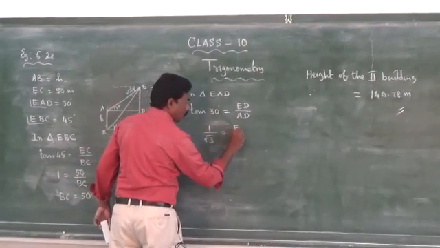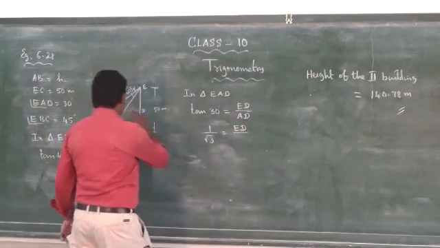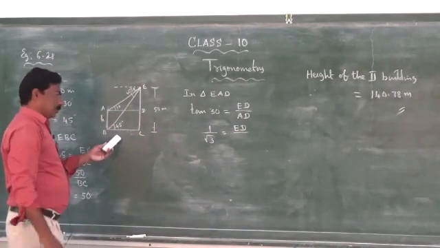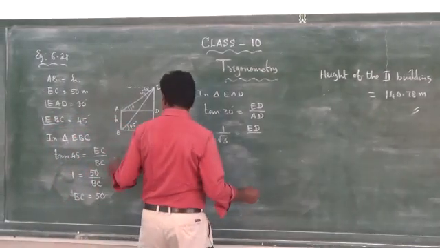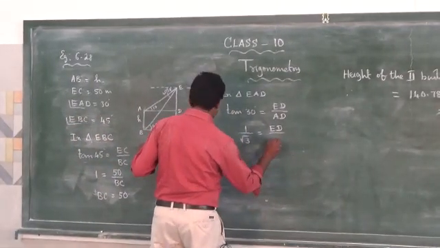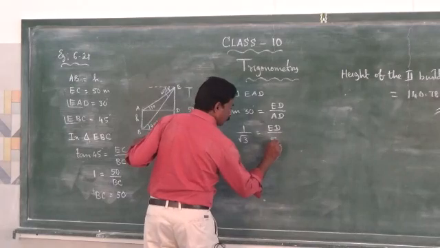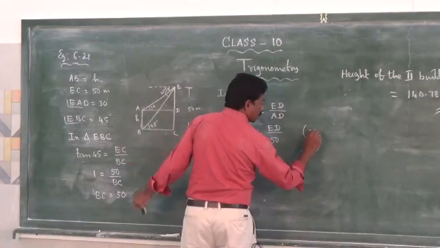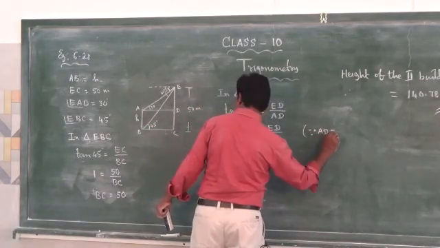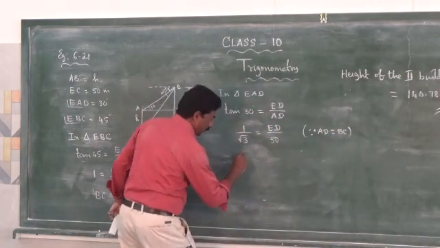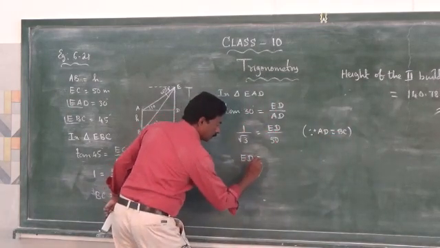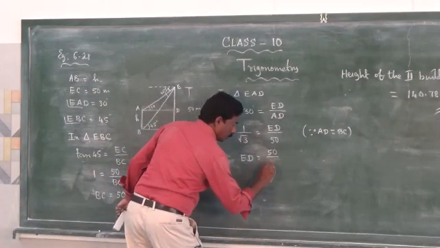ED we do not know. AD and BC are equal. So the BC value we already found. So when you substitute, that is 50, since AD is equal to BC. So when you cross multiply, ED is equal to 50 by root 3.